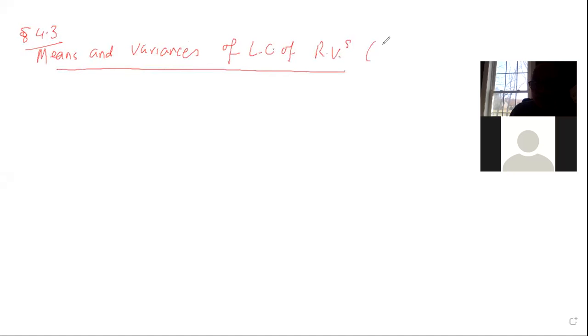Let me first write down that this is article 4.3, and it says means and variances of linear combinations of random variables. And that is true for both the cases, discrete and continuous.